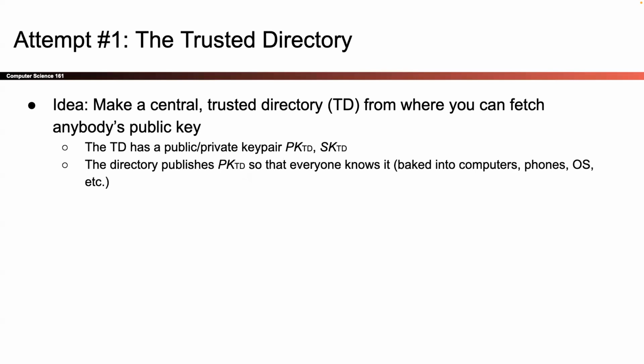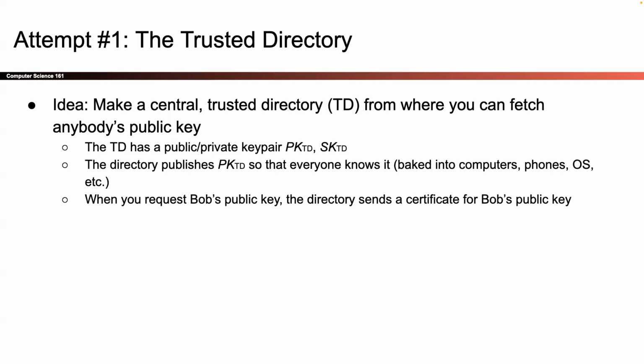So if everyone trusts this person, then anytime I want to know someone else's public key, like, hey, what's Bob's public key? I go up to the most trusted person in the universe and I say, hey, what's Bob's public key? And the most trusted person in the universe sends me a certificate. What does the certificate say? It says, Bob's public key is this, signed by that really trustworthy person.